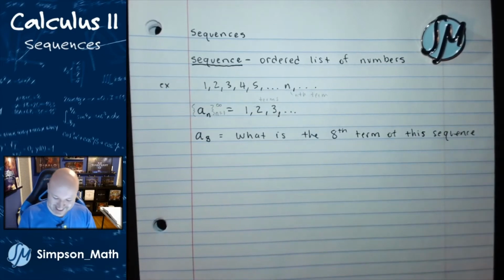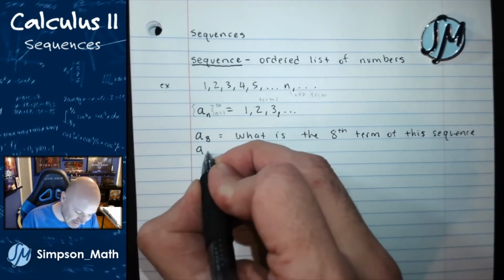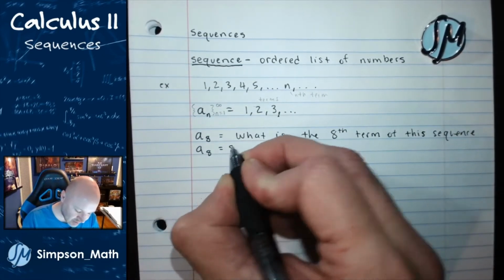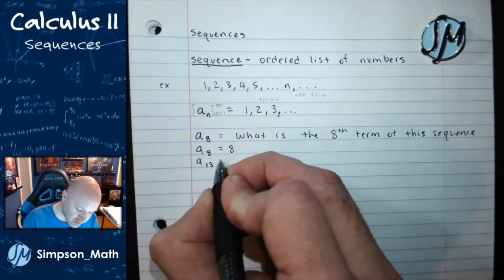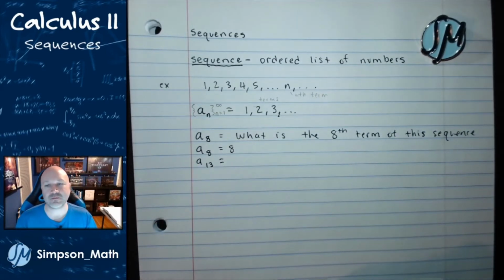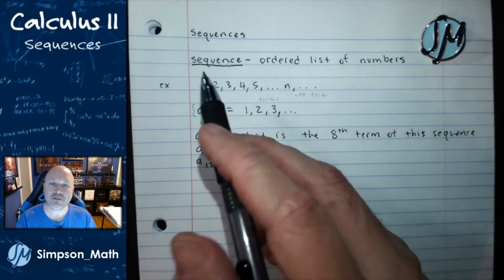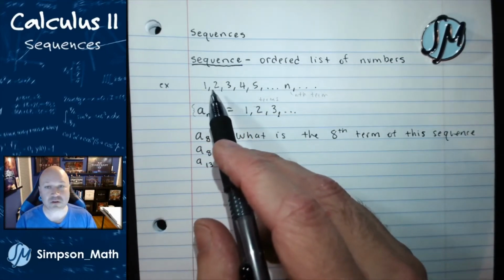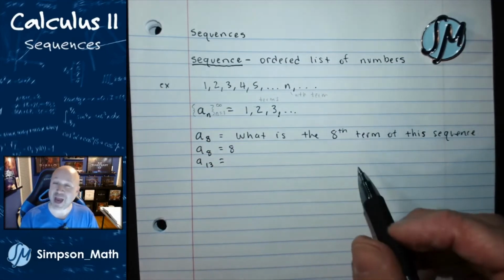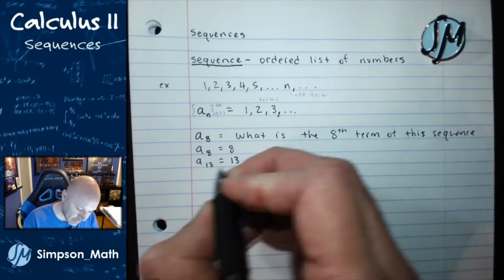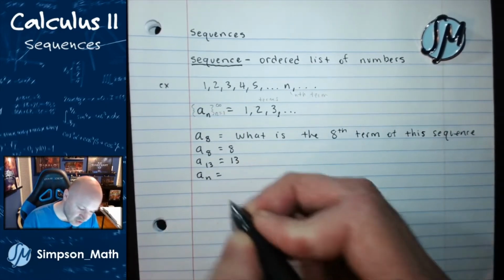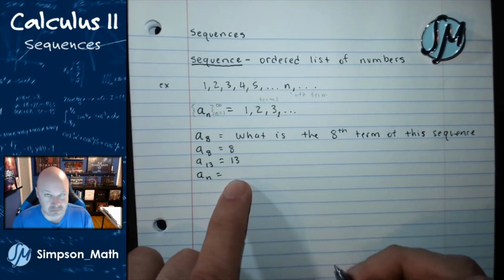It's going to be an 8. So a sub 8 is equal to 8. And I think this is obvious too. What's a sub 13? What's the 13th term of the sequence? Well, I know the pattern here. It's going to be 13. And a sub n is just going to be n.